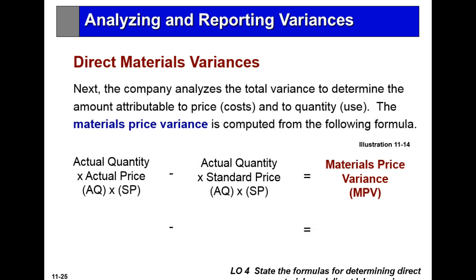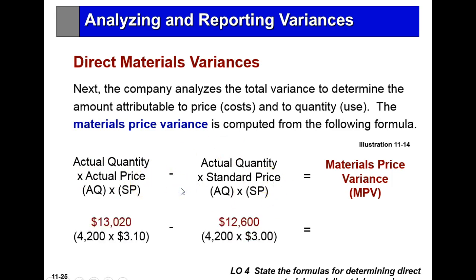So the company analyzes the total variance to determine the amounts that are related to price and the amounts related to use. The price variance is going to be the actual quantity times the actual price minus the actual quantity times the standard price. In looking at this, we see that the price is unfavorable at 420.